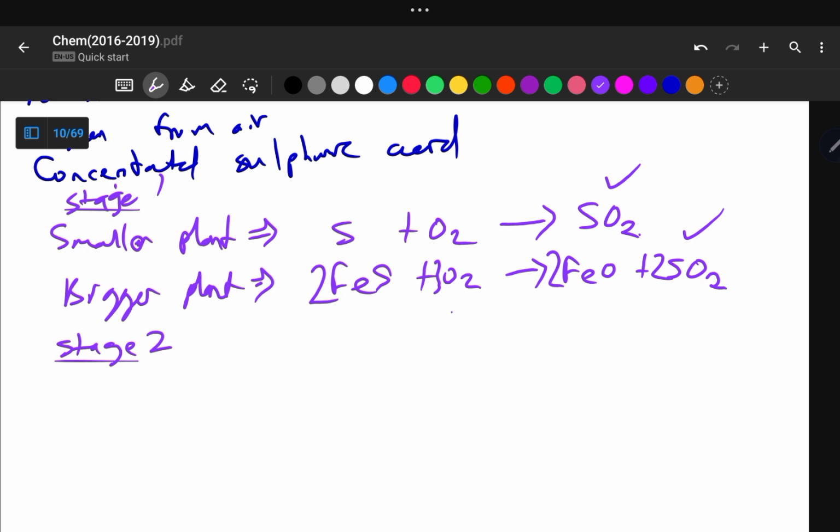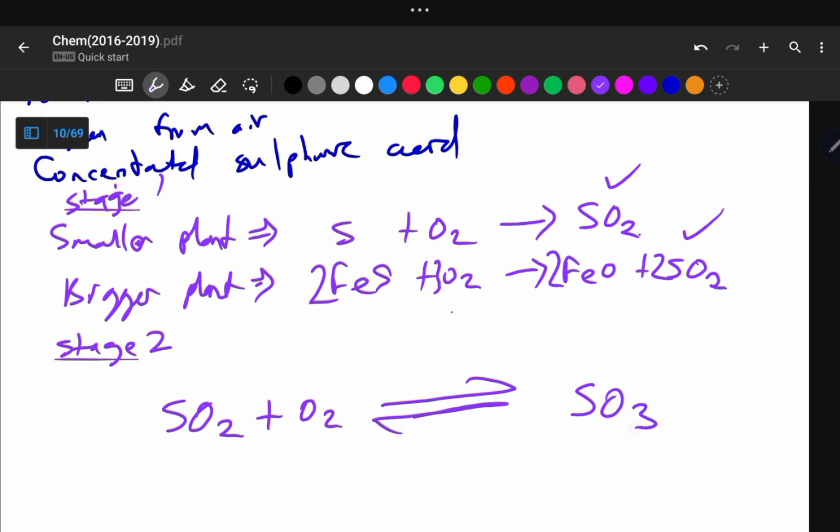So this is where the contact process is, right? So this is the main reaction. So sulfur dioxide plus oxygen with a reversible sign to give sulfur trioxide, right? So we can put a 2 here and then a 2 here, right, to balance the equation.